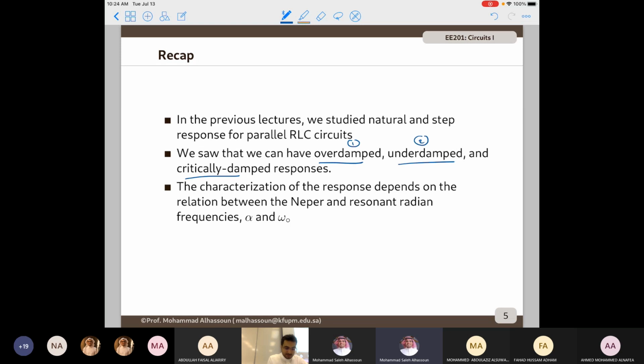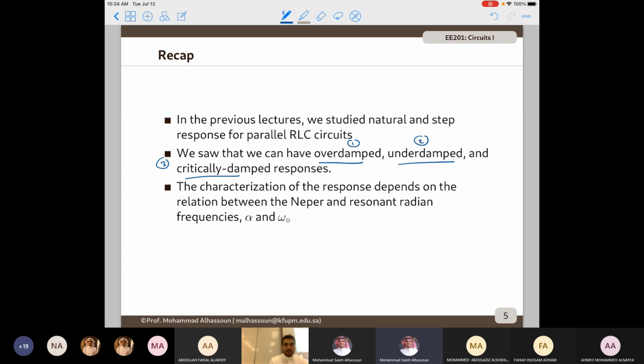For each damped response, they have the same general form of solution, but each type of response has its own general solution. So to characterize responses, we need to know the relation between the Neper frequency and the resonant frequency.